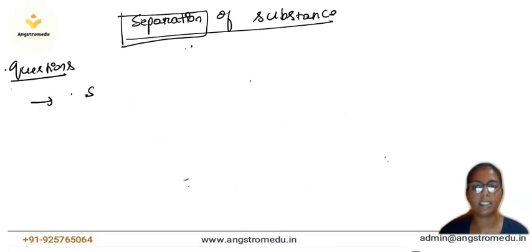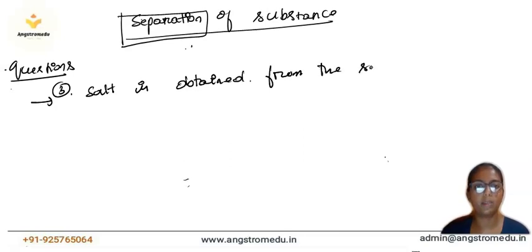And next, the third question: salt is obtained from seawater. This process is known as evaporation. Let's look at how.